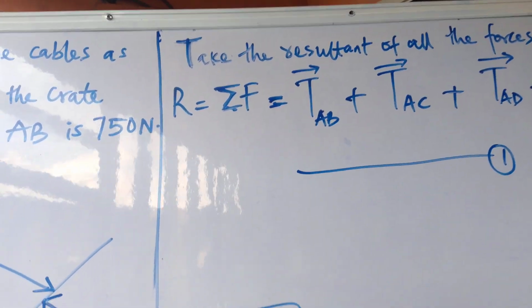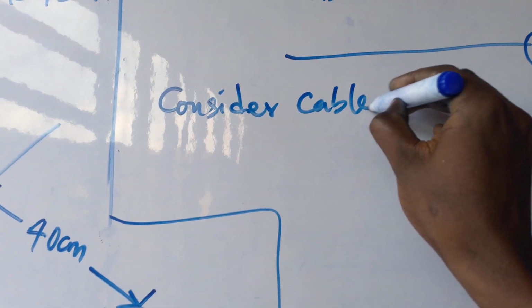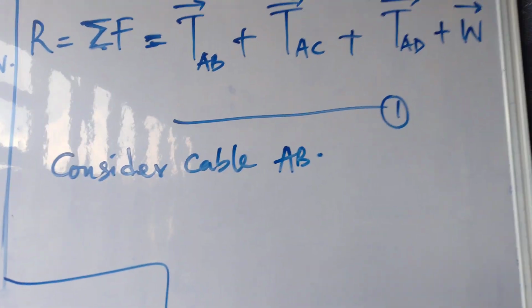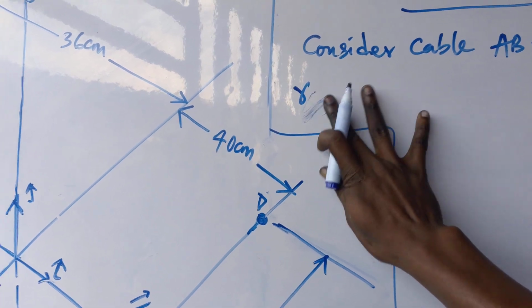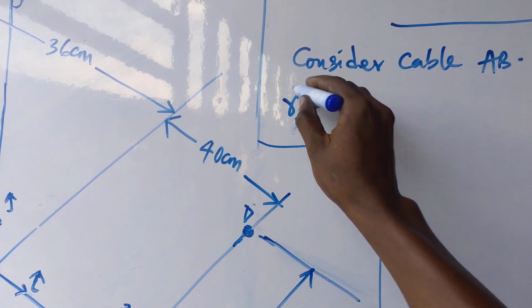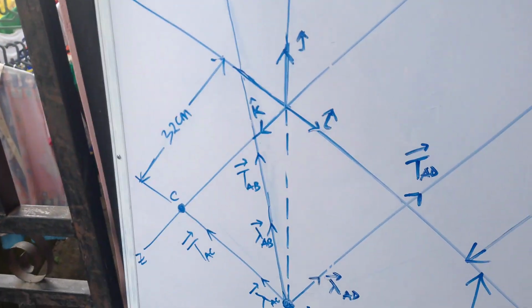Okay. Now the next one, I'll consider cable AB. If I consider cable AB, I have that RAB will be equal to, come back to cable AB.